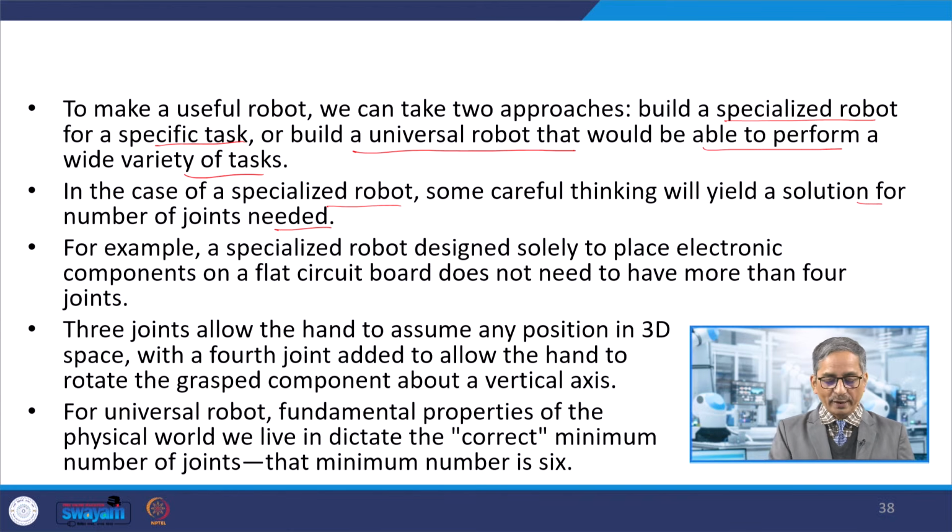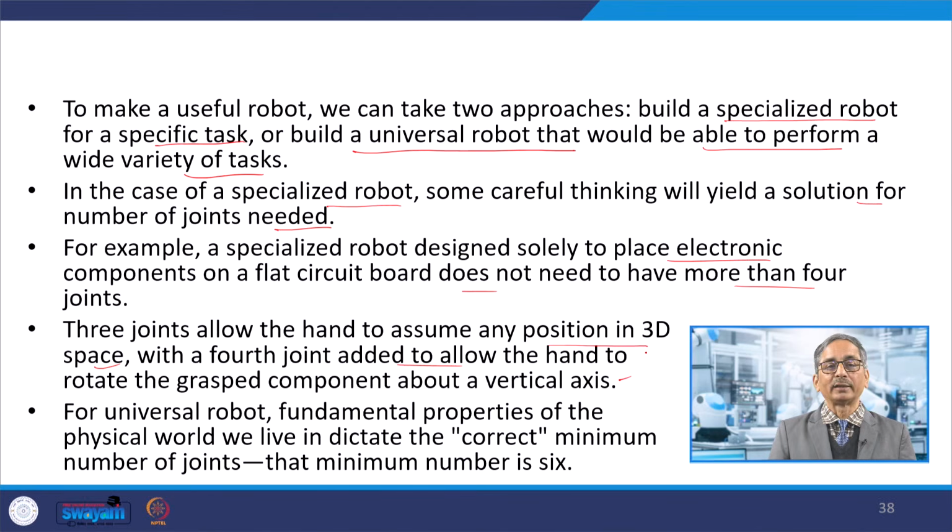For example, a specialized robot designed especially for electronic assembly on a flat circuit board does not need more than 4 degrees of freedom, or 4 joints. Now, 3 joints allow the hand to assume any position in 3D space, and the 4th joint allows the hand to rotate the grasp component about a vertical axis.